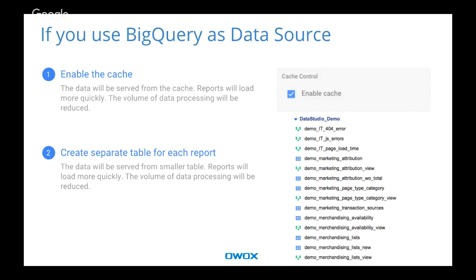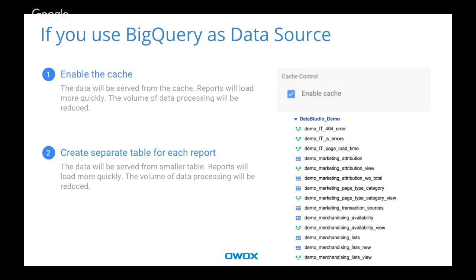So if you use Google BigQuery as a data source, we recommend, first of all, always enable the cache function. And next, we recommend you create a separate table for each report.